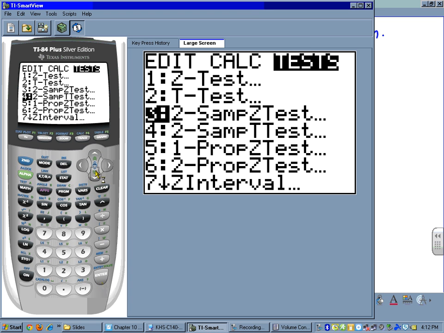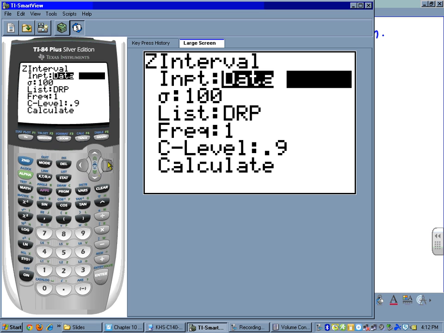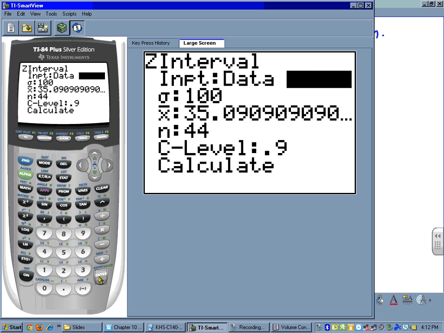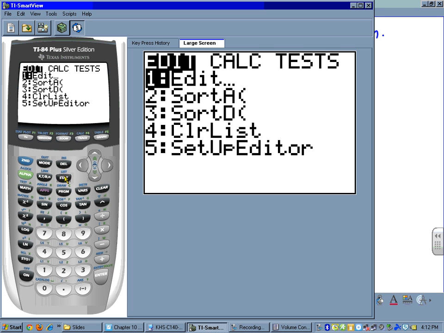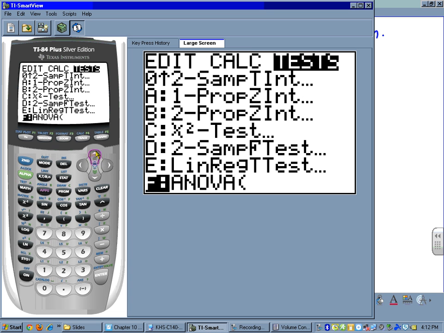So I'm doing a z interval. I don't have data, I have statistics, and I need to try a different test in stat tests. I want to do a 1 proportion z interval.